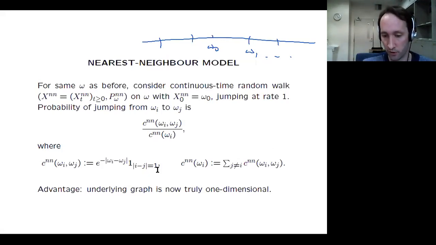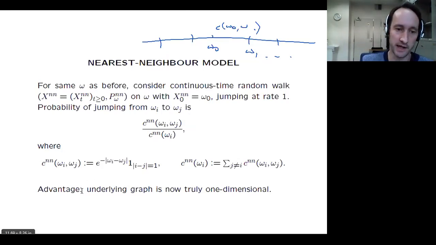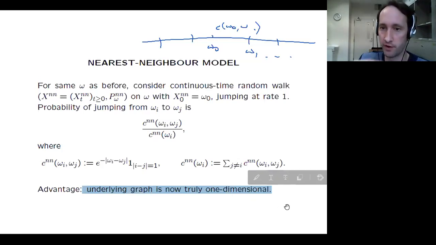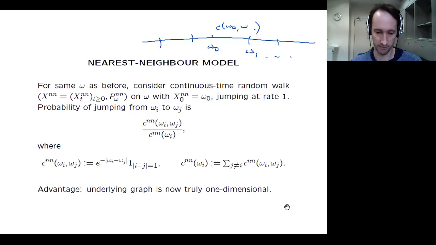So now I just have conductances along the edges of neighbors here, and I'm throwing away all of the possible other edges or other possible jumps in the model. Okay, so this of course hugely simplifies the graph and means that we're really looking at a one-dimensional graph rather than the complete graph on the point process. And so at least as a basic intuition, this is going to be a useful thing to do.